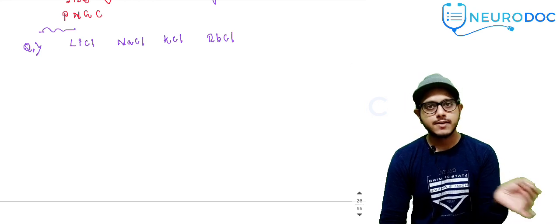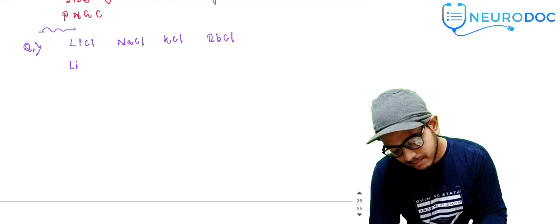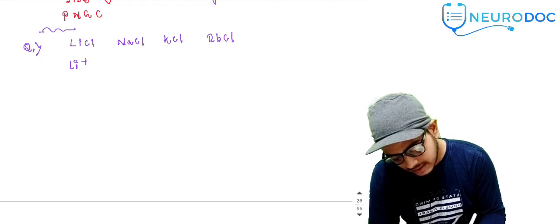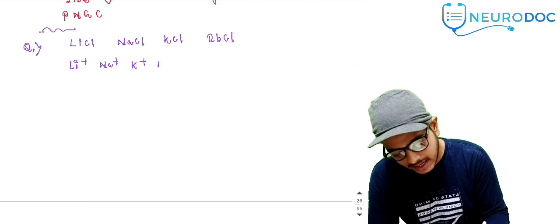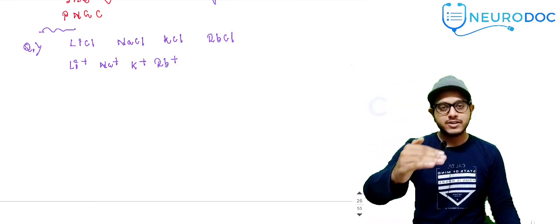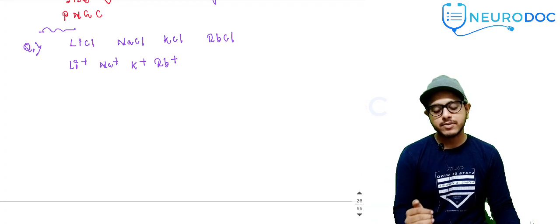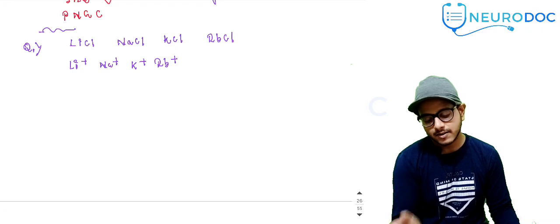Here the anions are same, so you have to compare the cations. Now Li+, Na+, K+, Rb+. They are present in a group. Down the group, what happens to the size? Increases. So the smallest size being lithium.